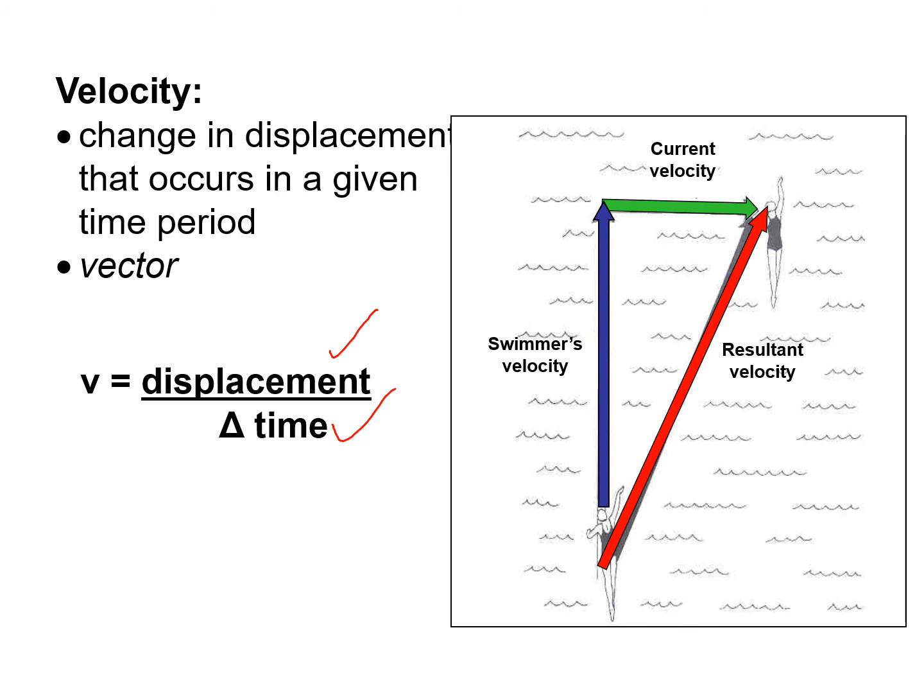Let's say the swimmer is moving across the river like this, and then we have our current velocity here. This would be the resultant velocity of that swimmer. Once again, this looks like a right triangle. If we had actual numeric measures of these velocities, we could determine any one of them. We might do that later.